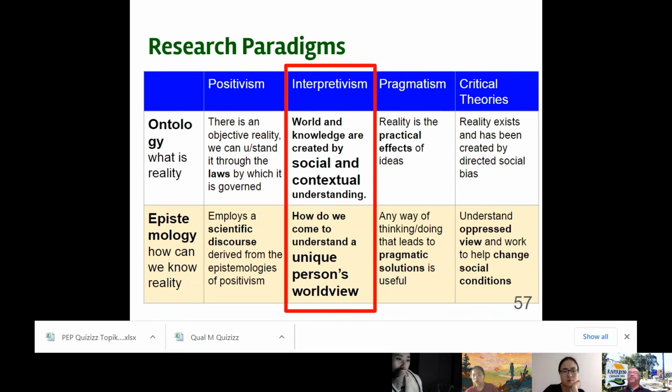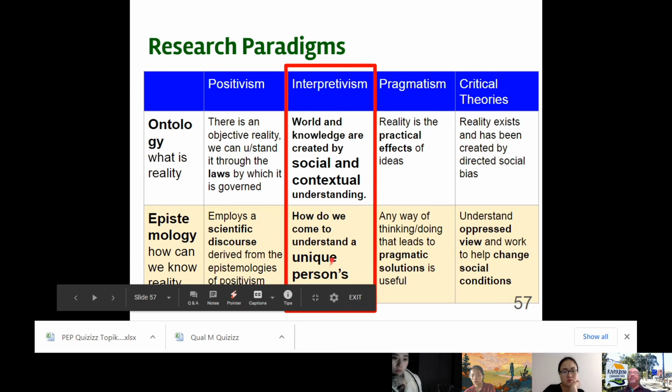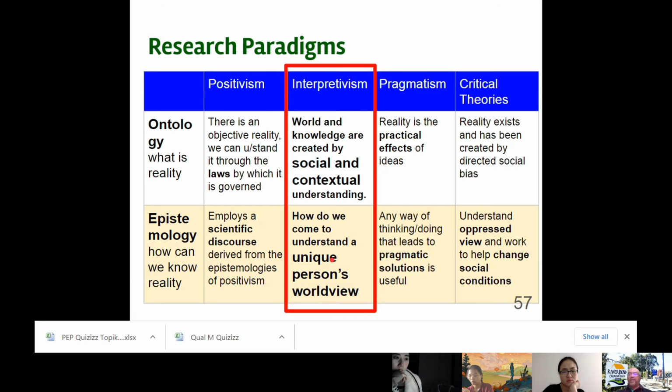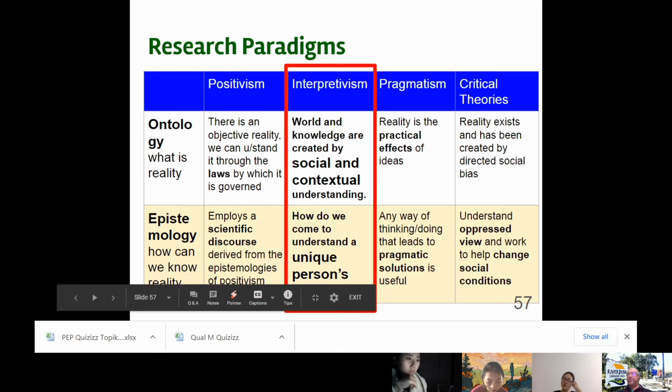How do they see things? And how can we know reality? We know reality by asking questions through interview. During the interview, we get to know a unique person's perspective.